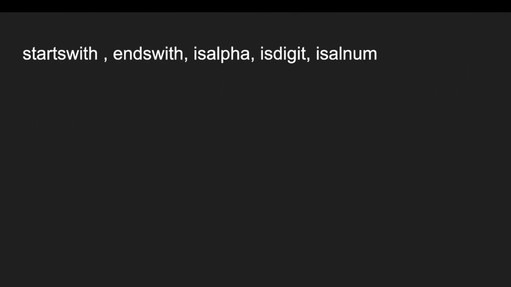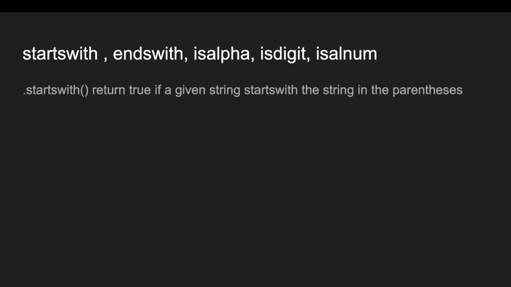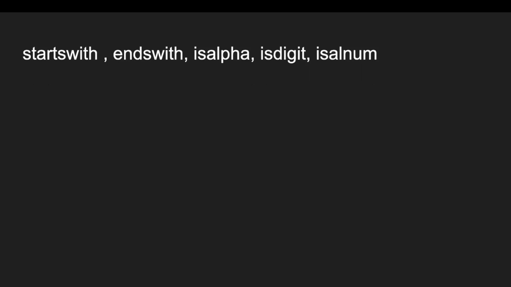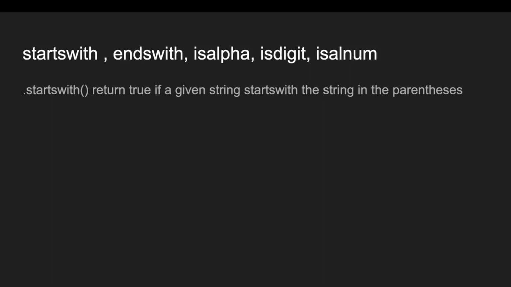Now let's move on to startswith, endswith, isalpha, isdigit, isalnum functions. The startswith function returns if a given string starts with an input string. Let us see this in action.